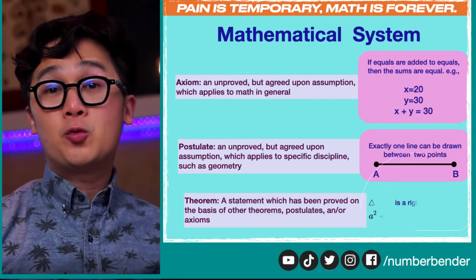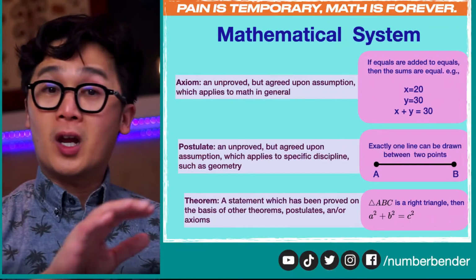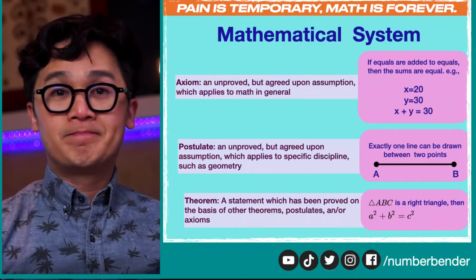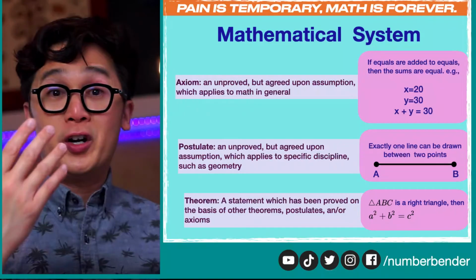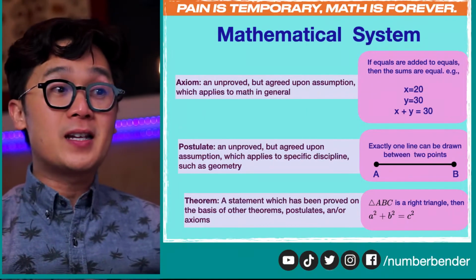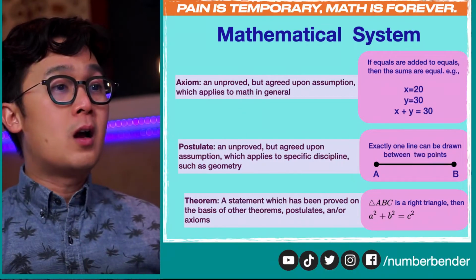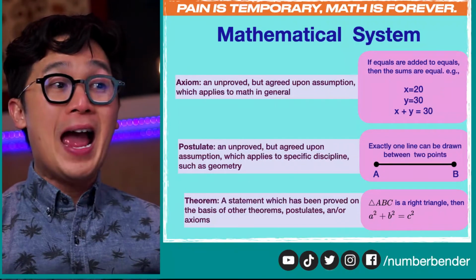The last one that we're going to be using in a mathematical system is the theorem, and we are all familiar with theorems. I'm sure you can give me examples of a mathematical theorem that you have heard or learned in the past. By definition, a theorem is a statement which has been proved on the basis of other theorems, postulates, and or axioms.